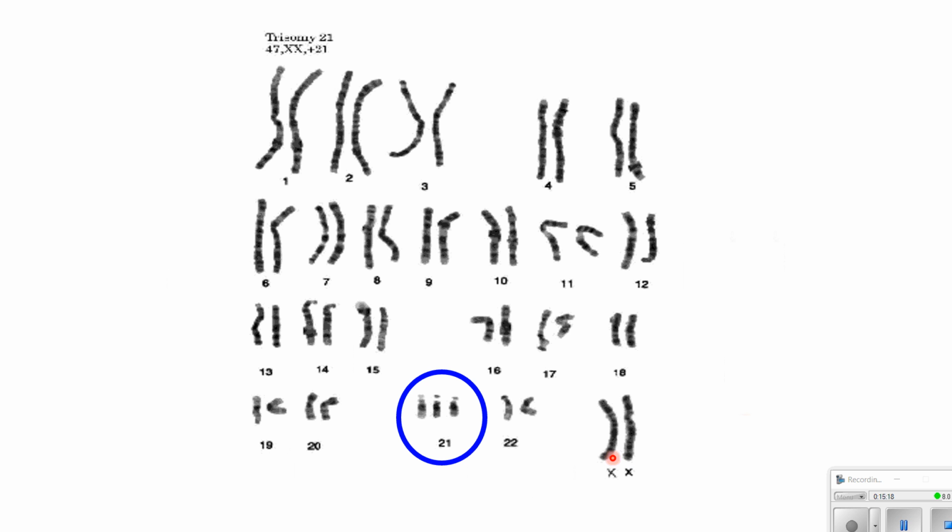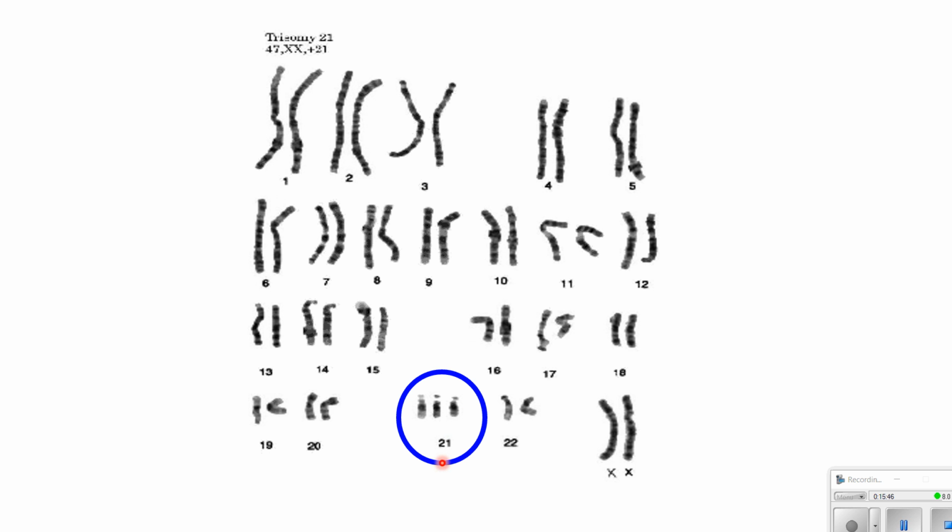Now here once again we have a female, because notice there's two copies of X, and there's two copies of every single chromosome until we get to the 21st pair. Oh, it's not a pair. You notice instead of two copies of chromosome 21, there are three. Another name for this is trisomy 21.